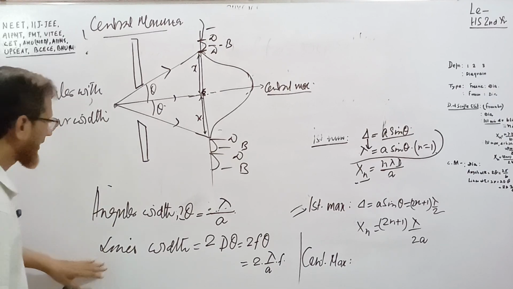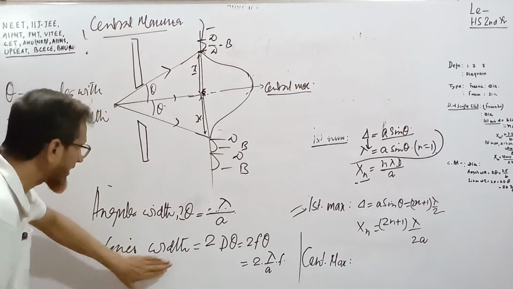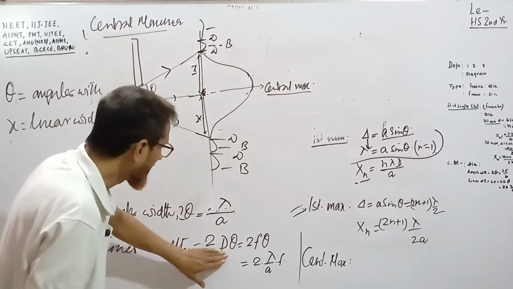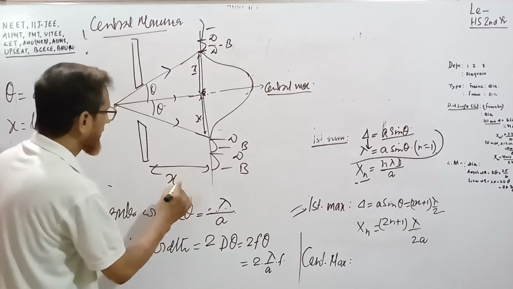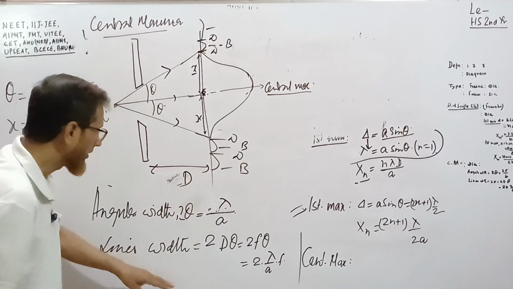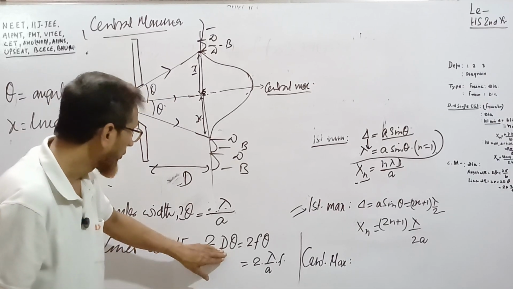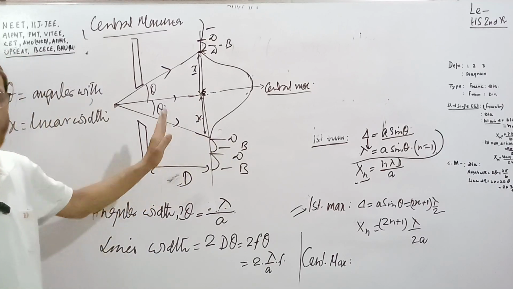And linear width means here x and x, total linear width is equal to twice x, that is equal to twice D into theta, twice into the distance between the slit and the screen, which is D. Here in place of D we have placed f, meaning the screen is placed at the focal plane.